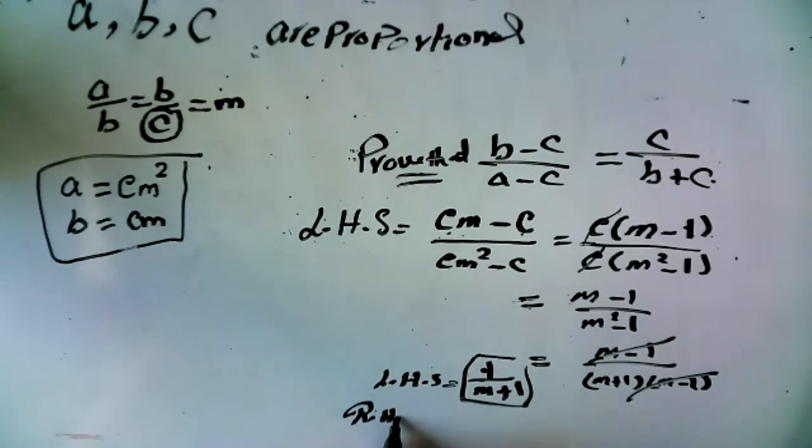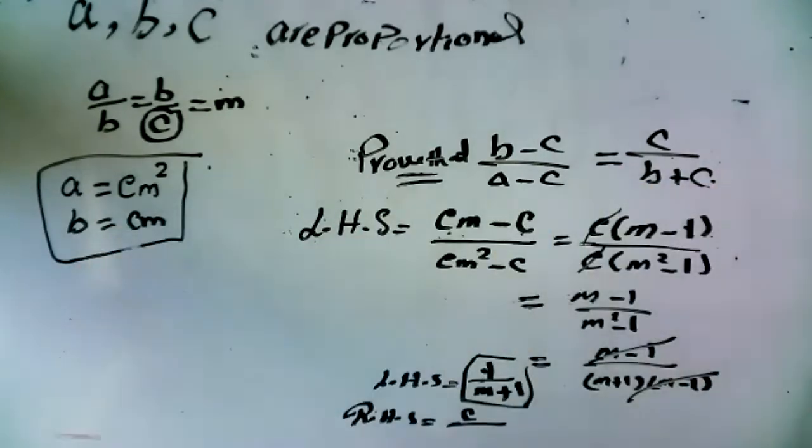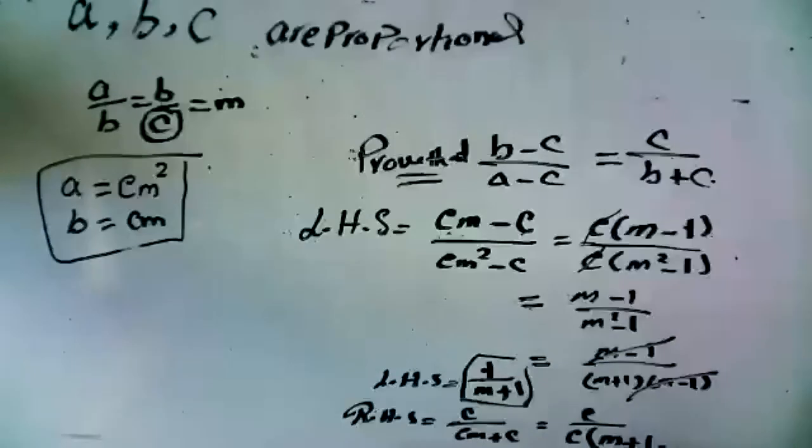Right-hand side equals C over B plus C. Substitute B by Cm plus C. Now we take the highest common factor from the denominator, which is C. Then the result is m plus 1.